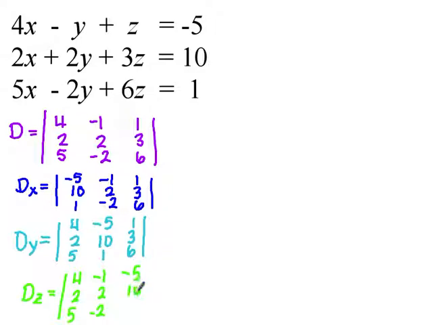Okay, so as I said, we're going to divide and conquer because these obviously, if you remember, take a little bit of time because we add the extra 2 columns in. So this is what I want you guys to do. I want these 2 tables here to do D, these 2 tables here to do Dx, these 2 tables here to do Dy, and you 2 tables to do Dz.